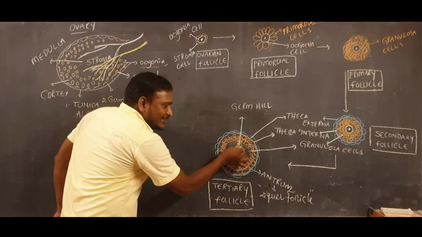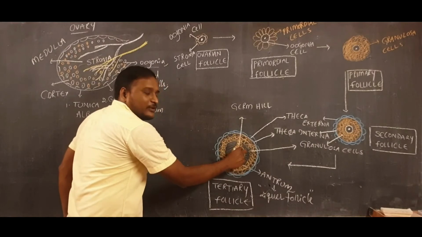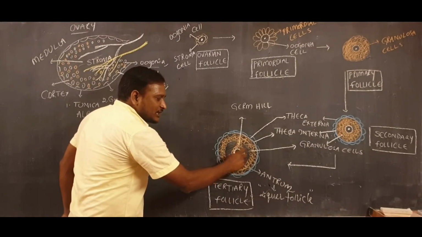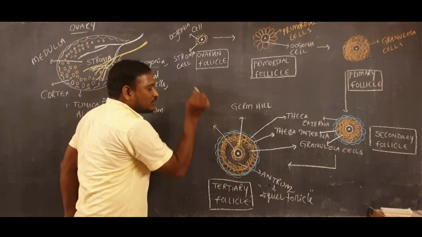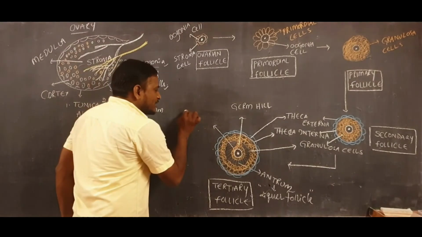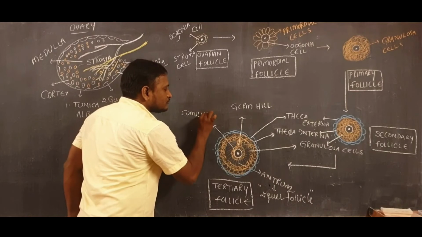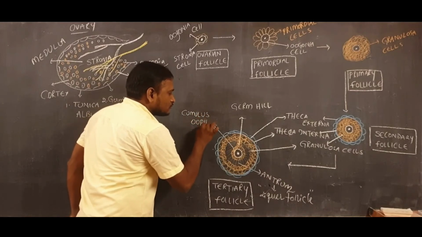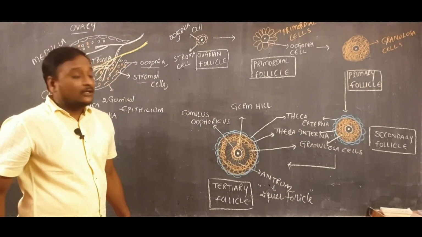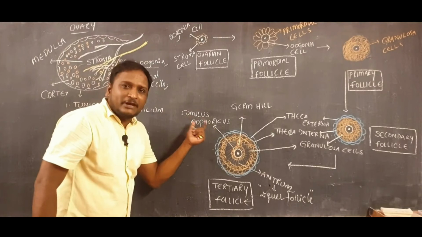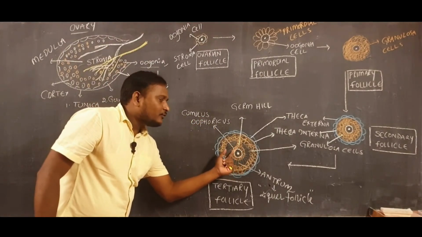And when you observe the inner side, the granulosa cells which are attaching to the female gamete are also called cumulus oophorus. So cumulus oophorus means granulosa cells which are attaching to the female gamete.